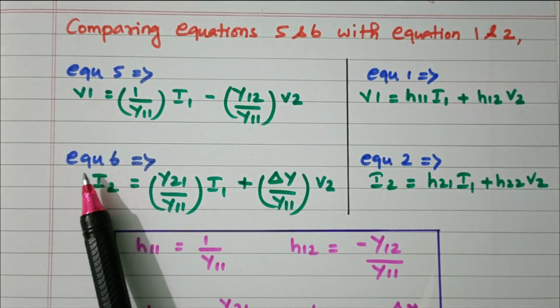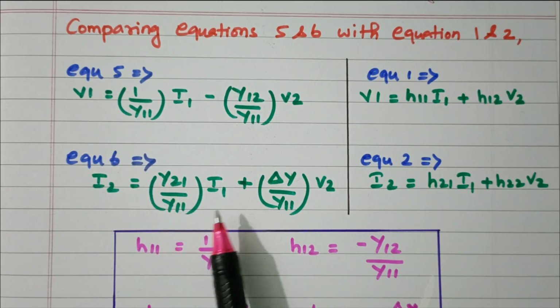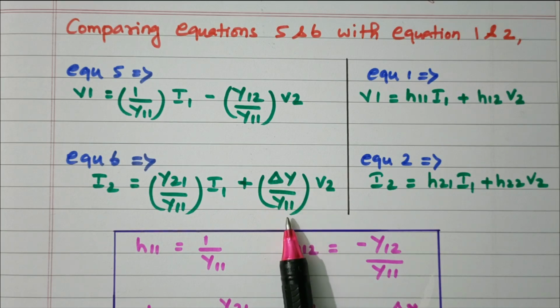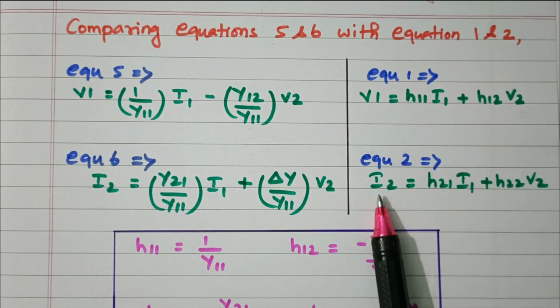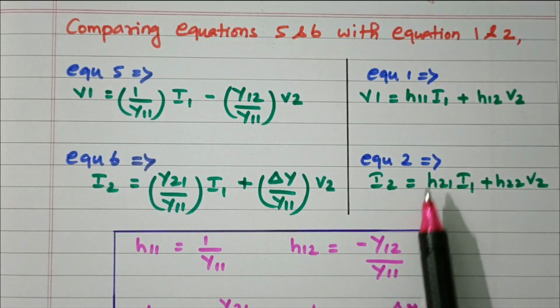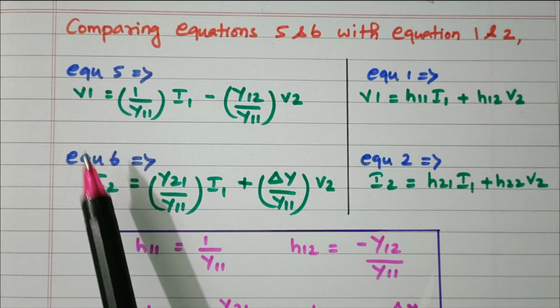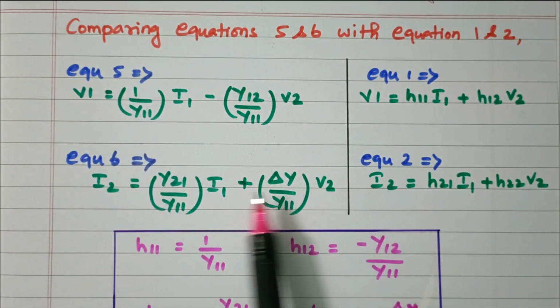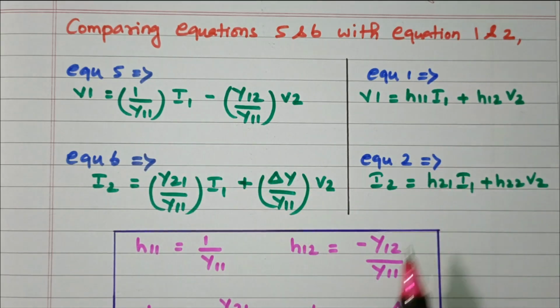Similarly equation 6 that we framed: I2 equal to Y21 divided by Y11 I1 plus delta Y divided by Y11 into V2. So this is equation 1, the hybrid parameter general equation, and similarly equation 2. Now we are going to compare. Here V1 and I2 are available, here also V1 and I2 are available, so we can compare the coefficients of equations 5 and 6 with equations 1 and 2.